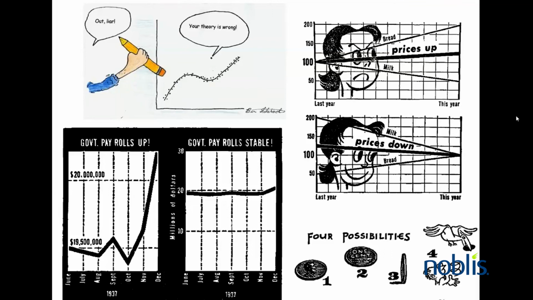But if you try this again and look at the breakdown, slice and dice the data differently, and take this year as base period, milk used to cost 200% as much as it does now, and bread was selling for 50% as much as it does. The average, the prices used to be 25% higher than they are now, and so you get a totally different answer.